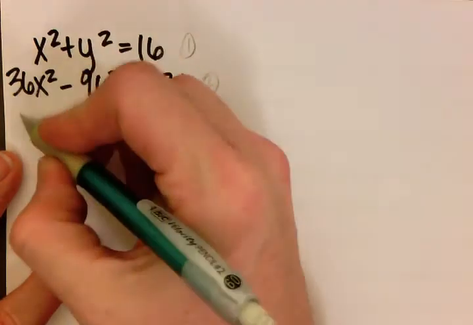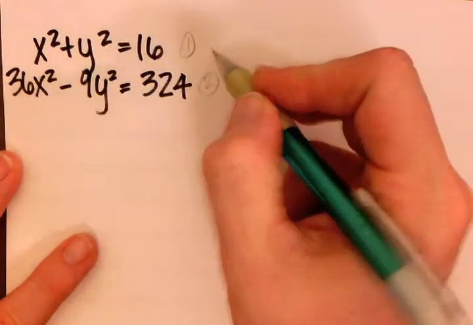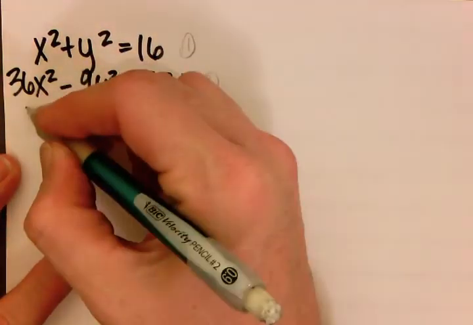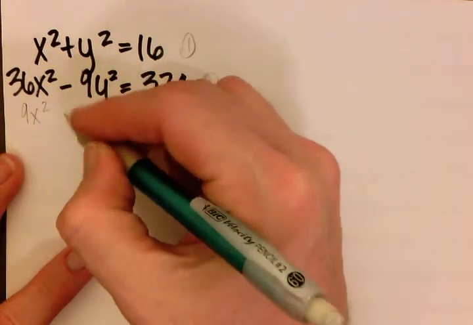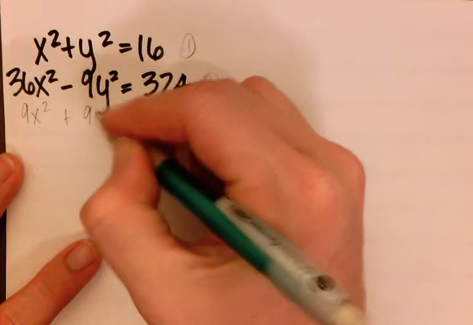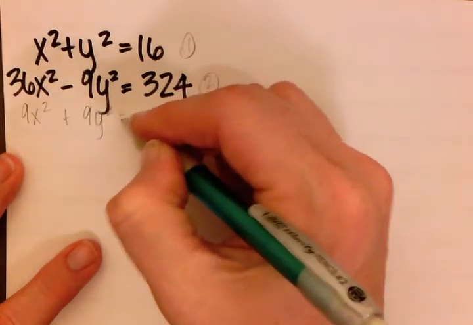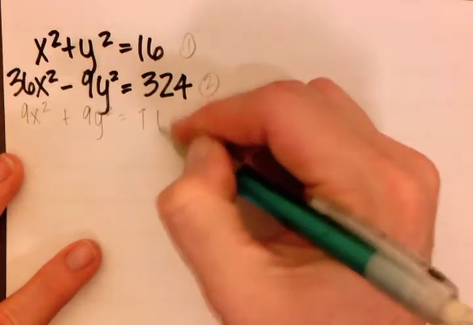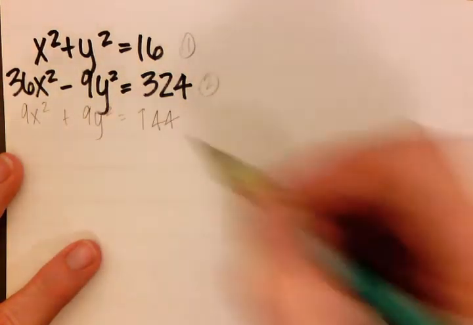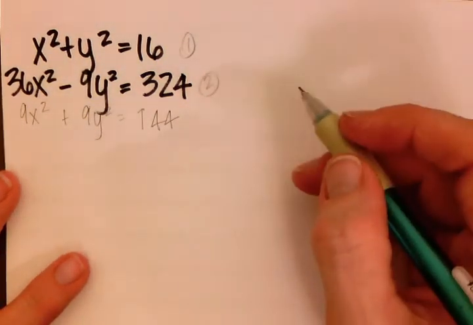If we multiply equation 1 by 9, that will give us 9x squared plus 9y squared equals, it's 144, excuse me, 16 times 9 is 144.